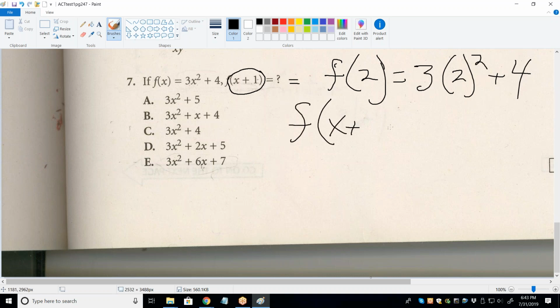What am I going to do? Same thing. What am I going to do? Plug in whatever's in the parentheses, even if it's a variable, not a number, for x. So what is this equal to? 3 times what?